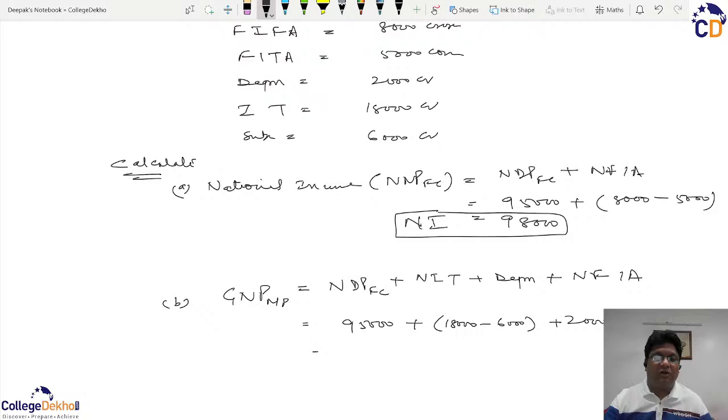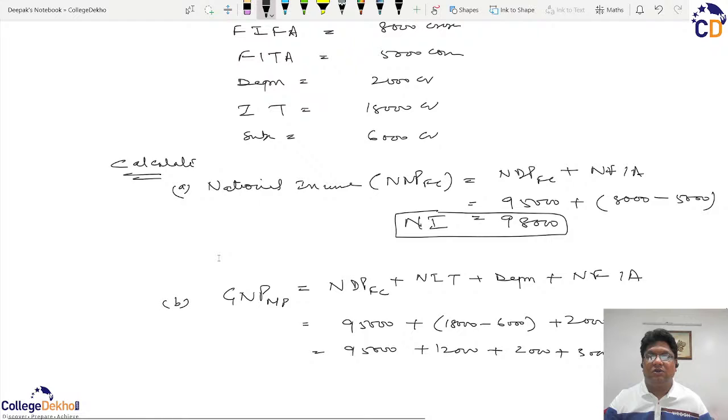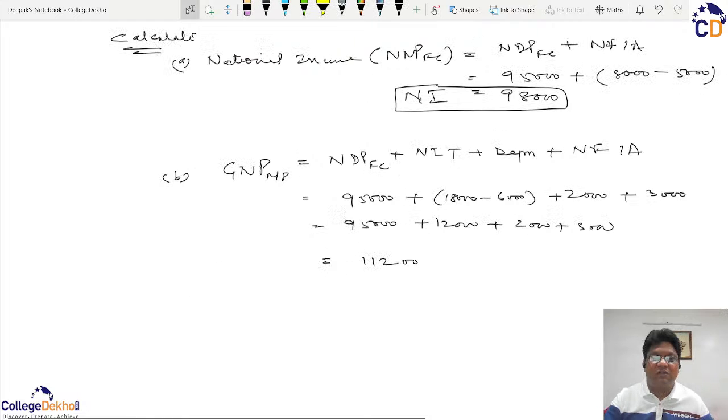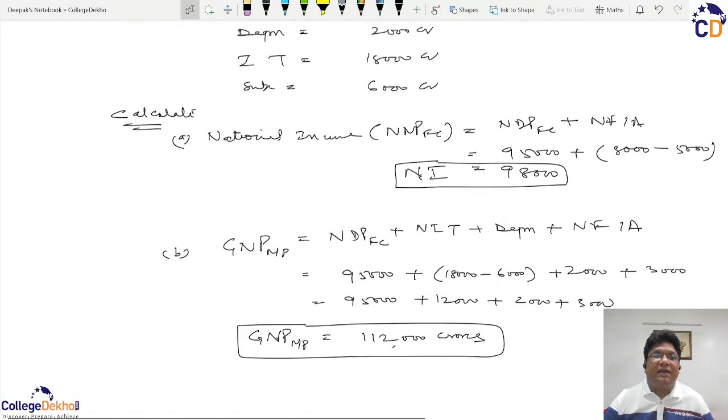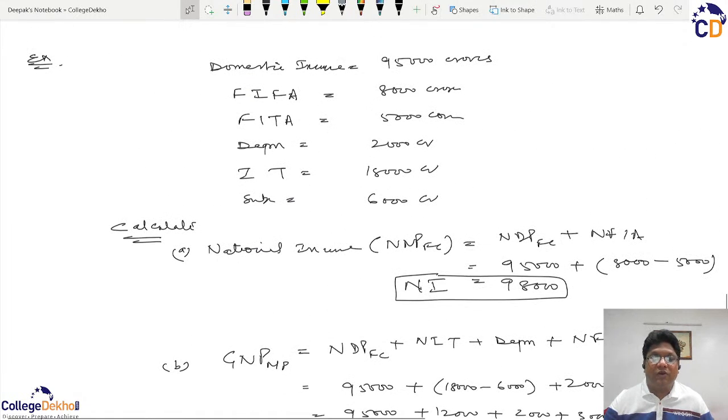So it will be 95,000 plus 12,000 plus 2,000 plus 3,000. So the figure will come out to be 1,12,000 crores, and that will denote our GNPMP.